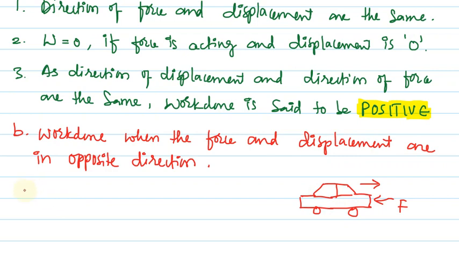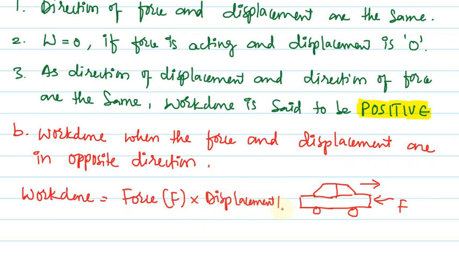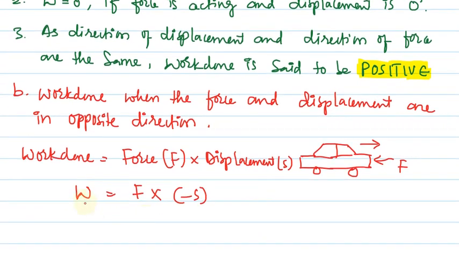Then I can write work done is equal to force acting, that is F, into displacement, that is S. Here force acting is F and displacement is minus S. So W is equal to minus Fs.